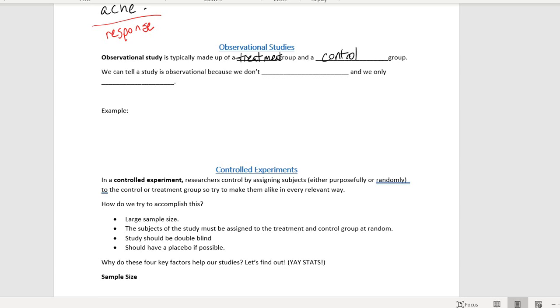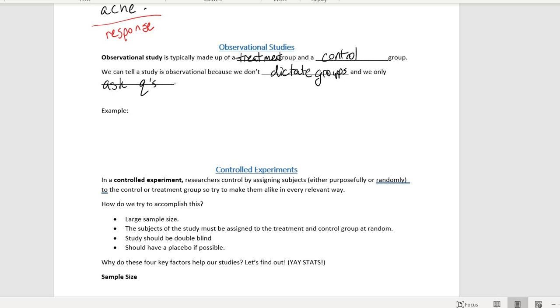We can tell a study is observational because we don't dictate groups and we only ask questions.